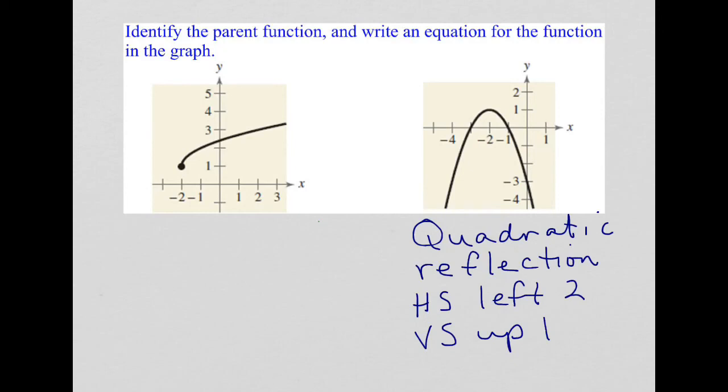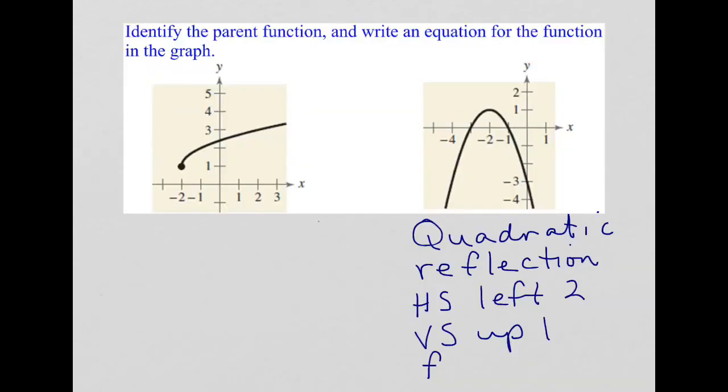So that's going to give me f of x equals negative for the reflection, and in my parentheses I've got x plus 2 squared, and then I have my vertical shift of plus 1.